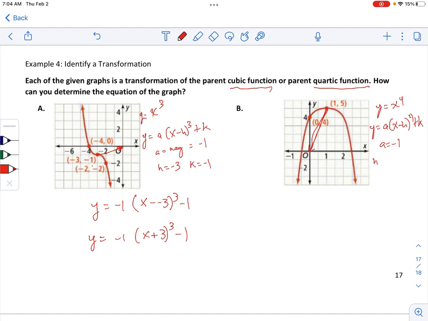So that means that our h value is now 1, and our k value is 5. So that gives us y equals negative 1 times x minus 1 to the fourth, and then plus 5.